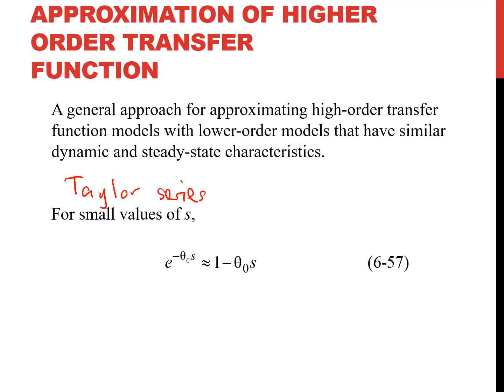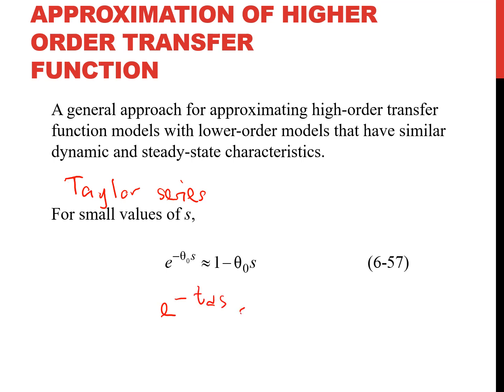In the Pade approximation, when you want to convert the time delay, you have the numerator and denominator: exponent negative TDS equals 1 minus TD over 2S divided by 1 plus TD over 2S. But for the Taylor series, it's much more direct, where you have exponent negative theta S equal to 1 minus theta S.